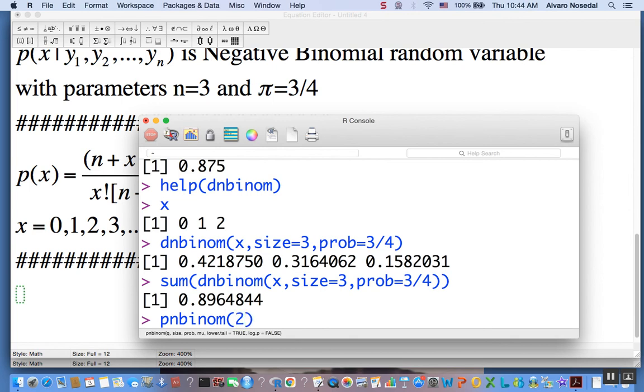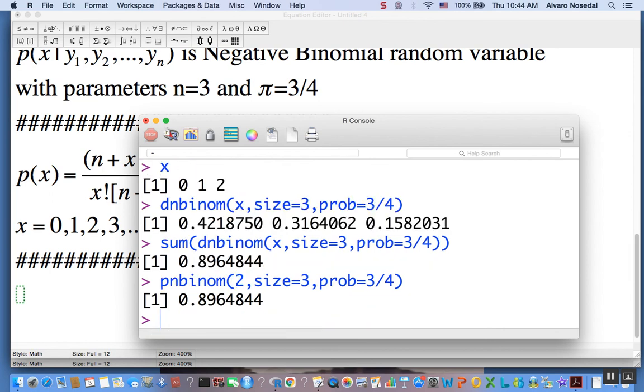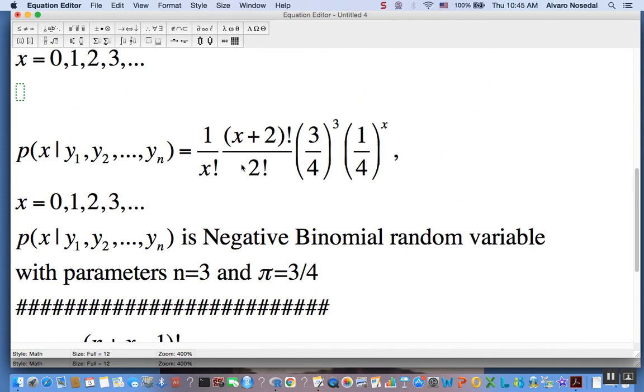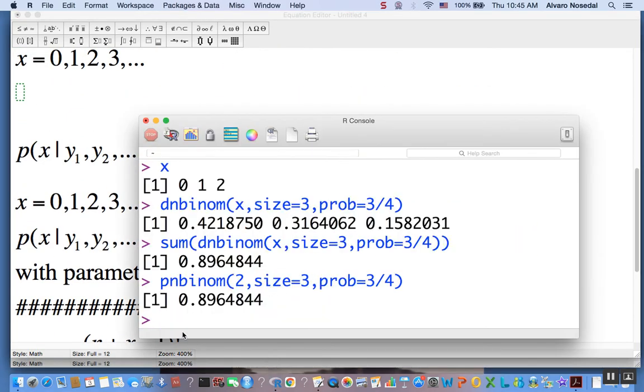We want to evaluate at 2, with size n equal to 3 and probability of success 3/4, same thing. If you have time, evaluate those three points 0, 1, 2 using the expression that we had here, and check that you end up with the same result as using the dnbinom or pnbinom functions directly from R.